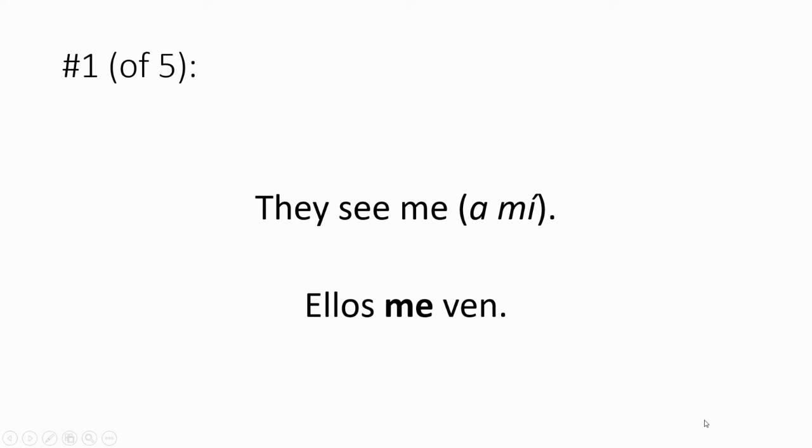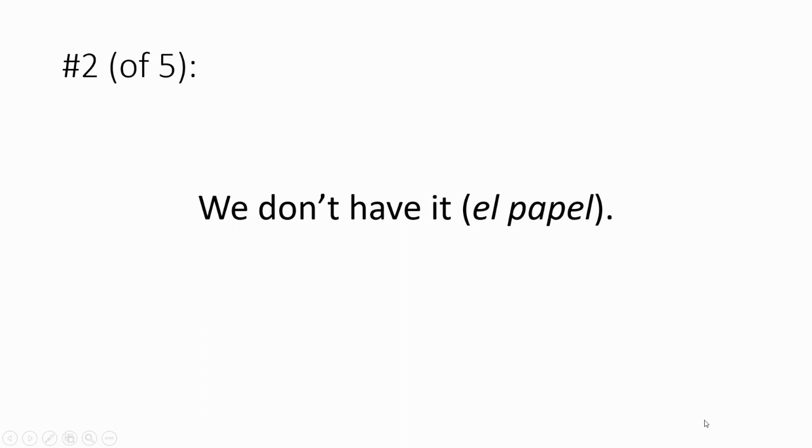There's only one verb, see, so your direct object pronoun could only go in front of it. Number 2, we don't have it.